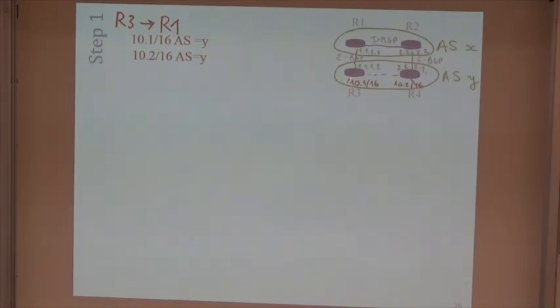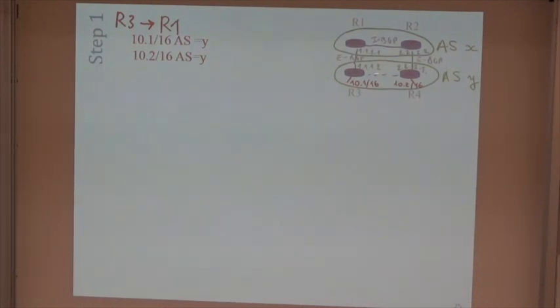So in Y, there are 2 prefixes, 10.1/16, 10.2/16. I'm showing here IPv4 because it's shorter to write. In the future, you expect to have more IPv6, and BGP handles both. It works both in the same way.